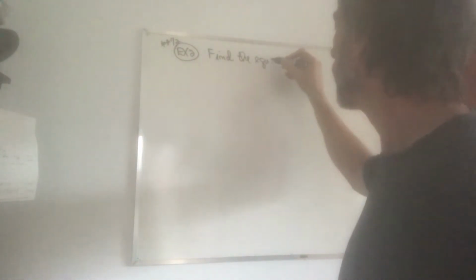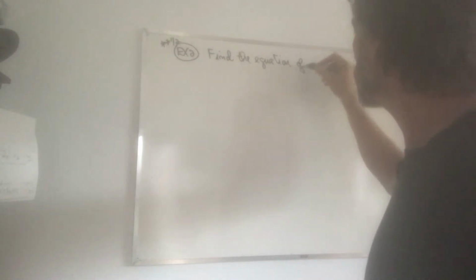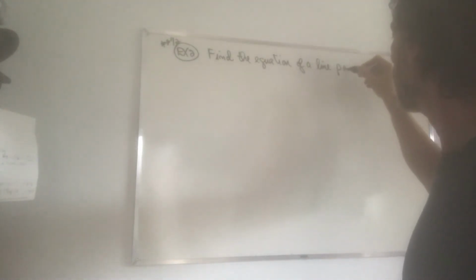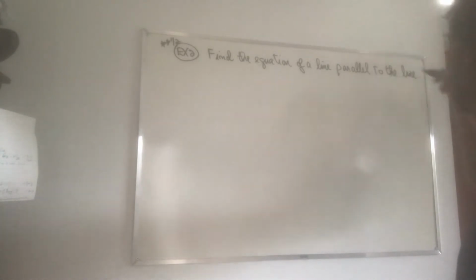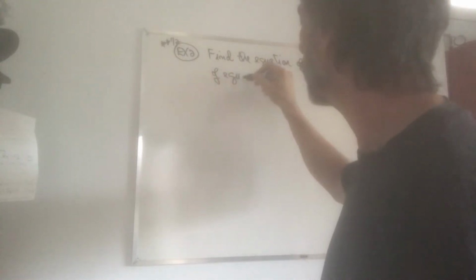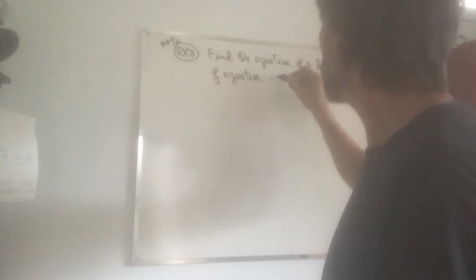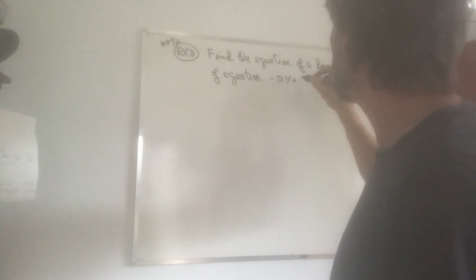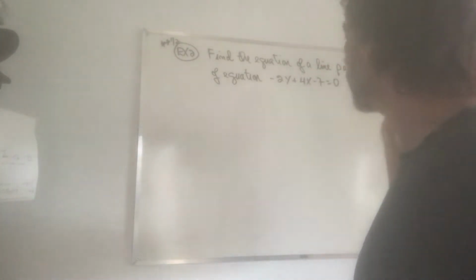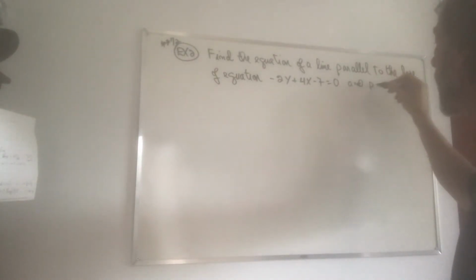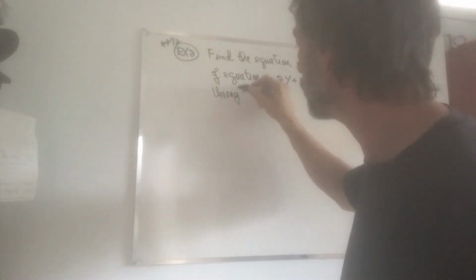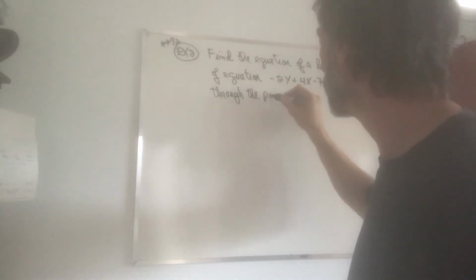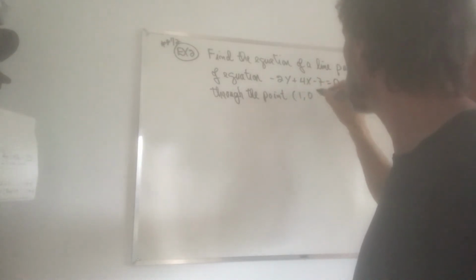Find the equation of a line parallel to the line of equation -2y plus 4x minus 7 equals 0, and passing through the point 1, 0.